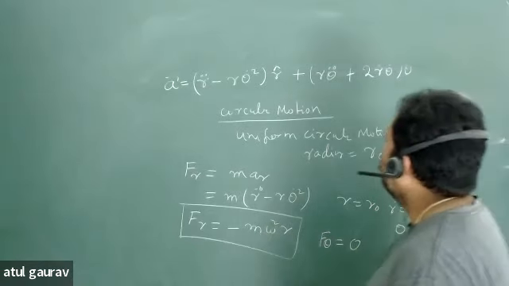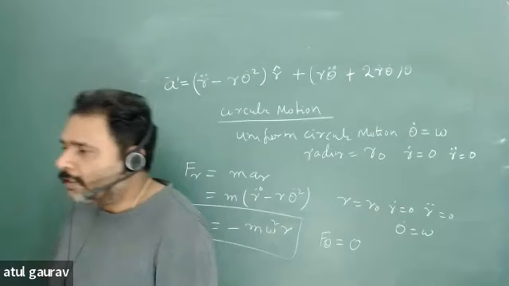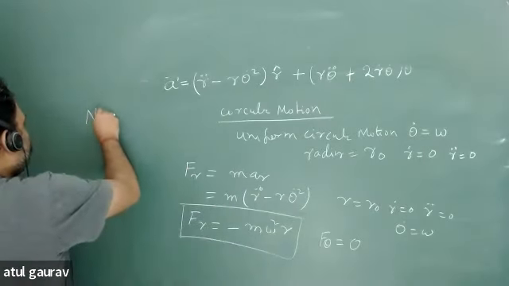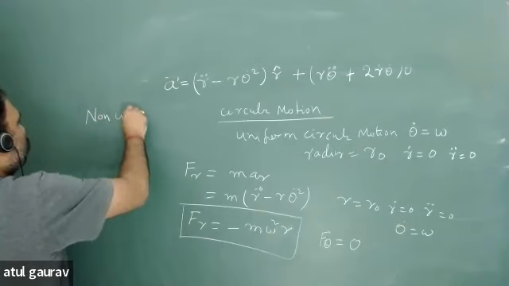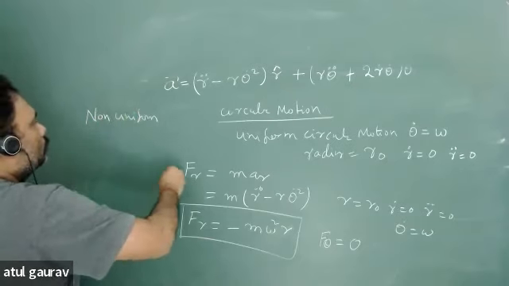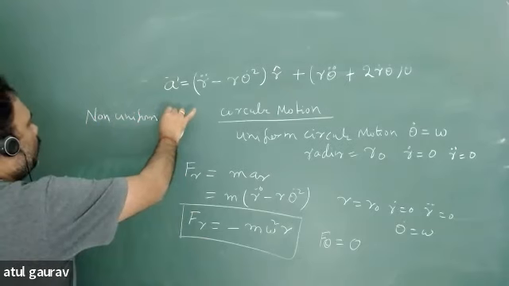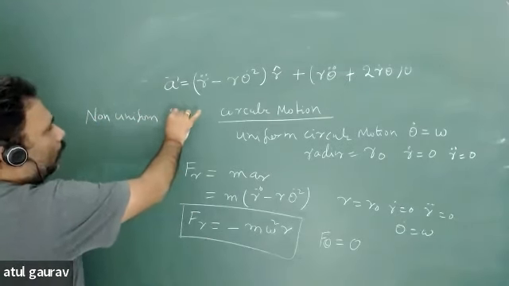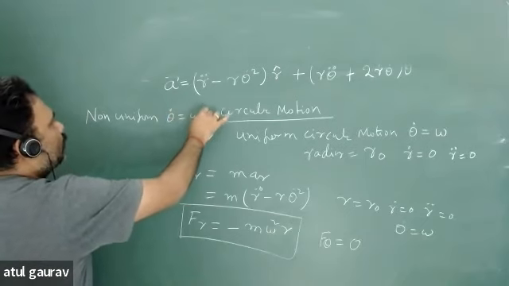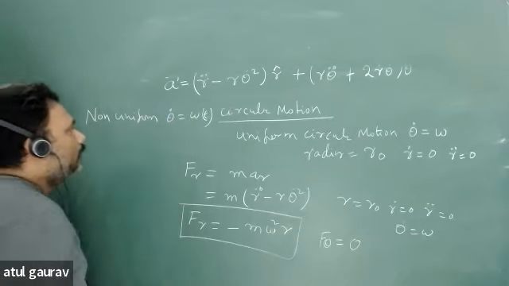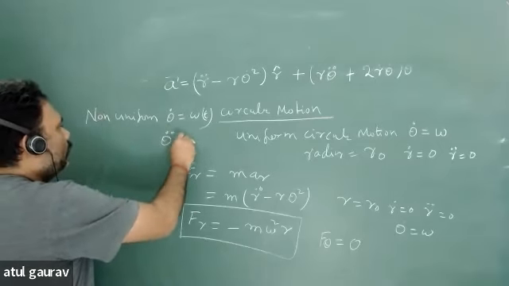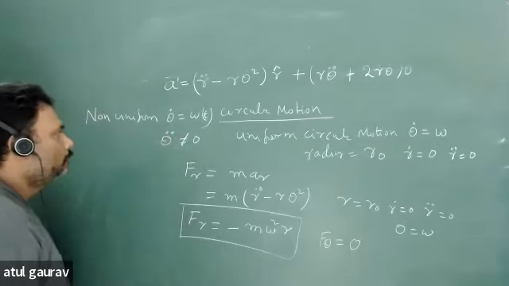And what about non-uniform circular motion? Then F theta won't be 0. That means theta dot is some function of t, so theta double dot is not equal to 0.